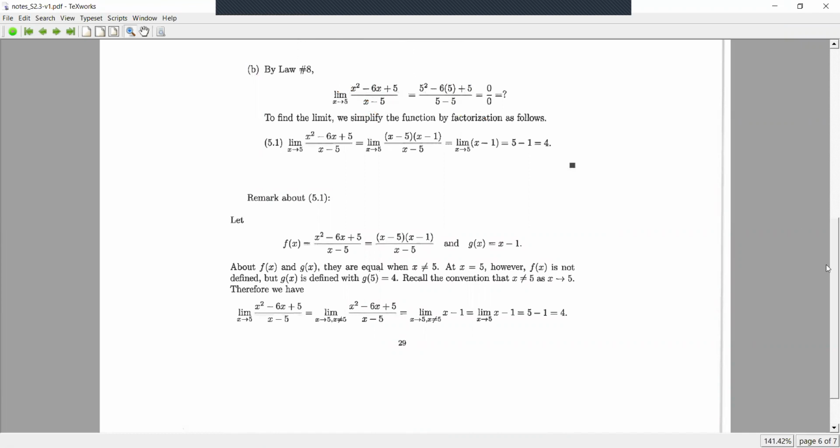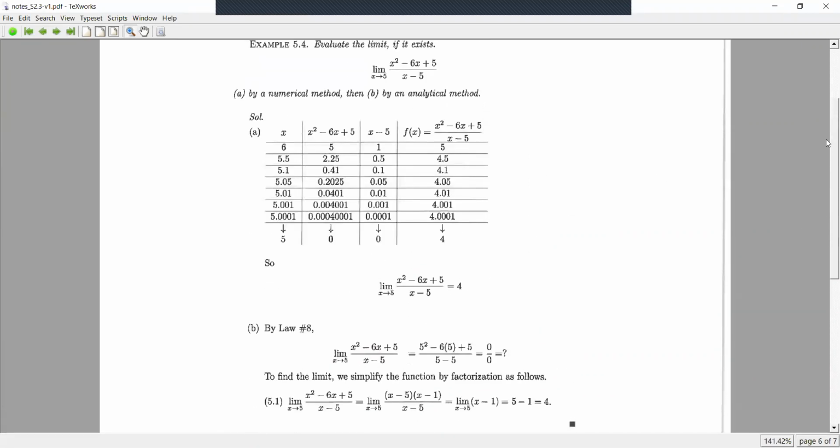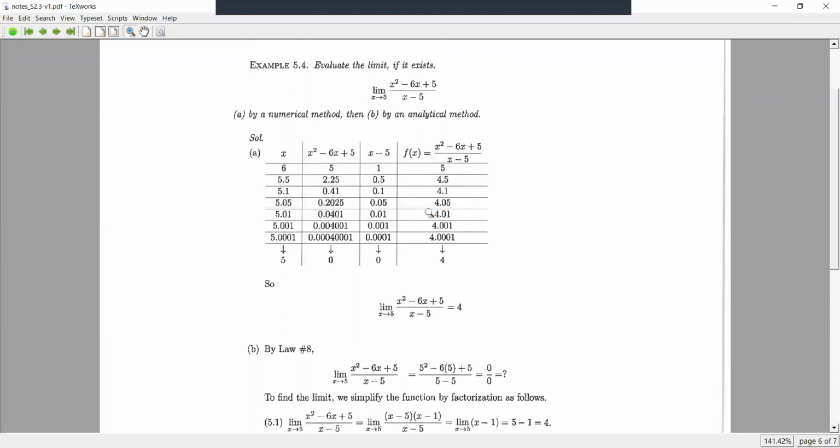But from part A, by a table, we have seen that the limit exists. The value is 4. Now the question is, how to determine this limit to be 4 without using a table, but by analytical method, that is, by direct substitution?